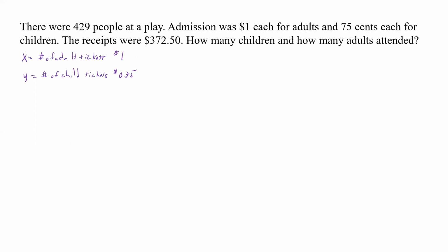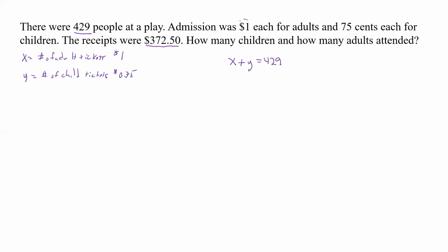So can we write any equations? What do we know? Well, the number of tickets sold total was 429. If there were X number of adults and Y number of children, we could say X plus Y is 429. We also know the total amount.